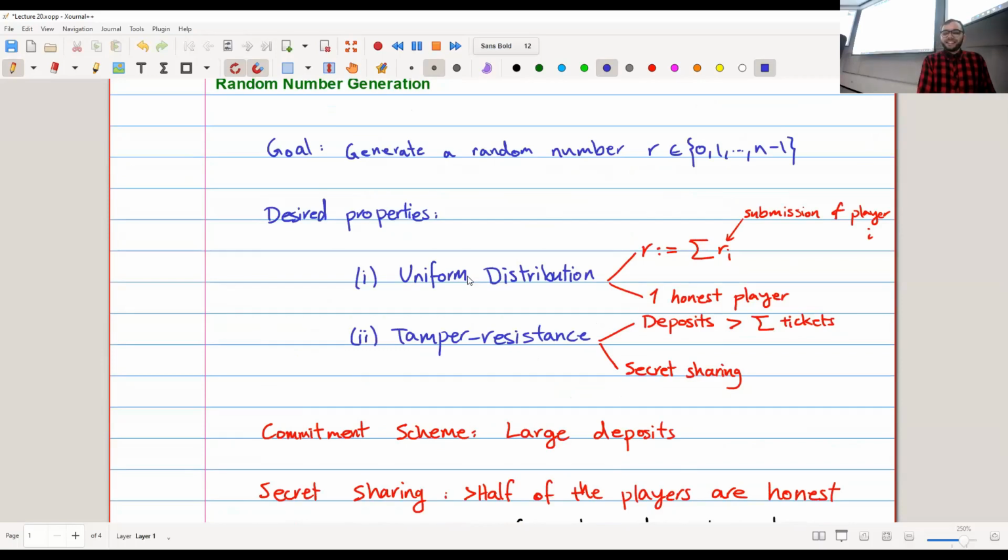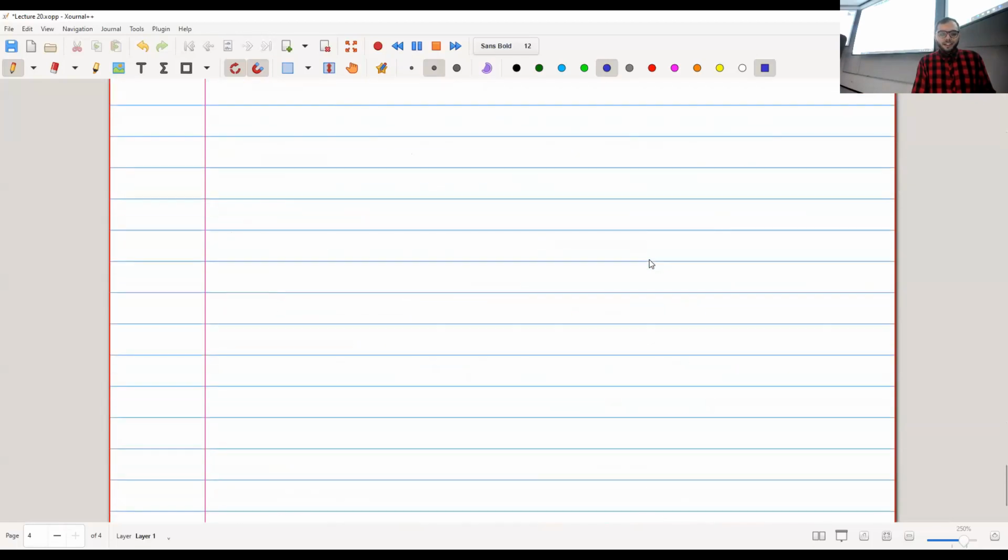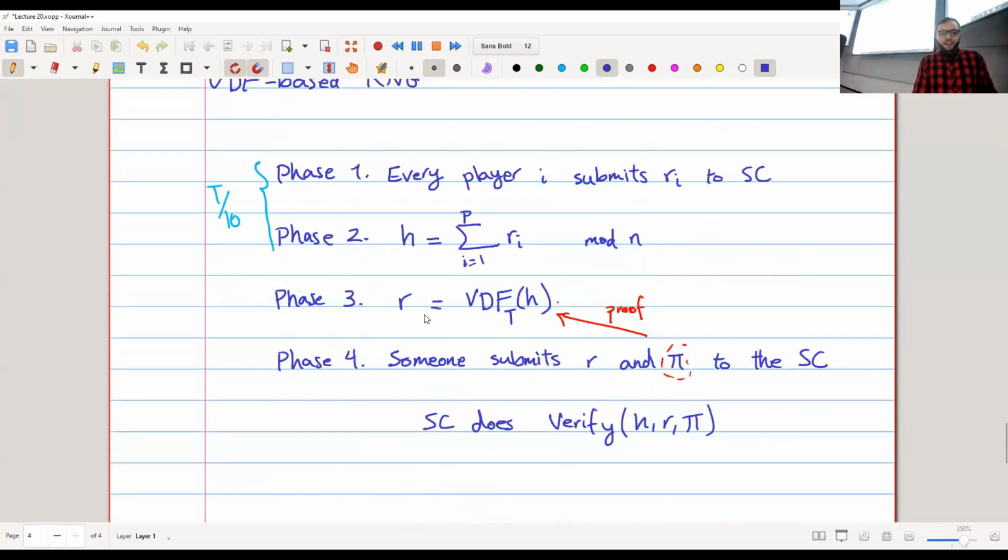Remember, when my output was just the sum of all the submissions by all the players, I could say that even if one player is giving me a truly uniformly distributed number RI, then R will also be uniformly distributed. But here, my R is coming as the output of a VDF, and a VDF looks very much like a hash function. So it's not predictable, but there's also no guarantee that it's uniform randomness. It's just tamper-proof randomness.